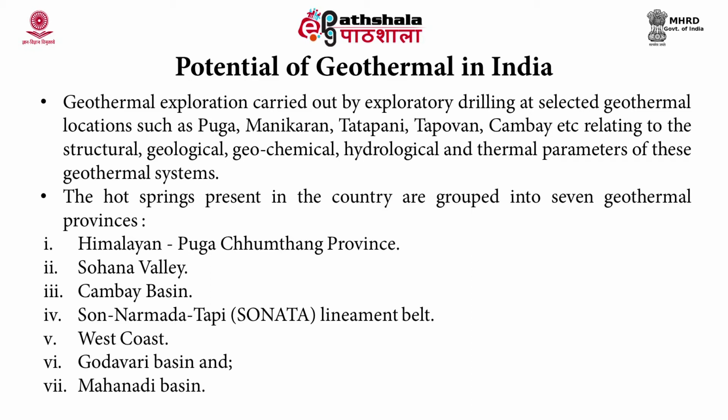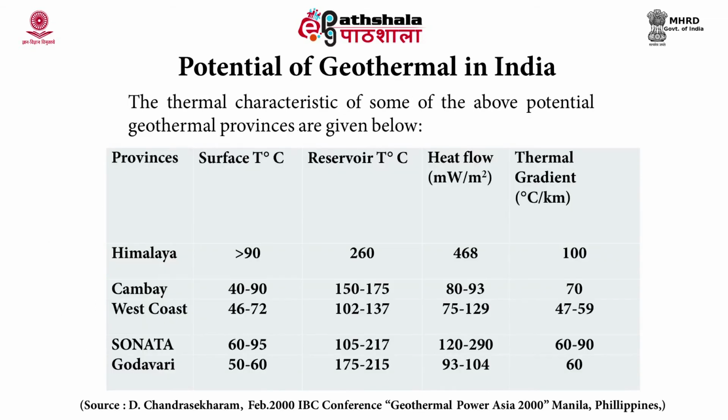The 7 geothermal provinces are the Himalayan Puga Chumtang Province, Sohana Valley, Cambay Basin, Son Narmada Tapi Lineament Belt, that is Sonata, West Coast, Godavari Basin and Mahanadi Basin. In this table, you can see the thermal characteristics of the above potential geothermal provinces, and in that the Himalayan province has the highest one.